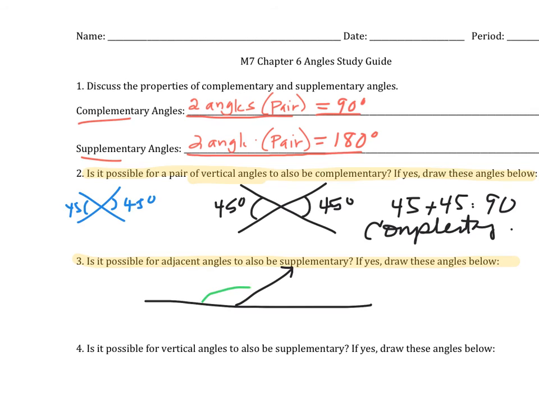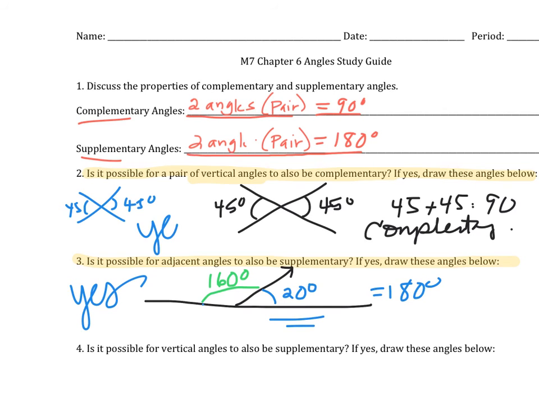So if this angle here was 160, then this angle right here would be 20, and 160 plus 20 is 180. And these are adjacent, so yes, because 160 plus 20 equals 180, and these are both adjacent.